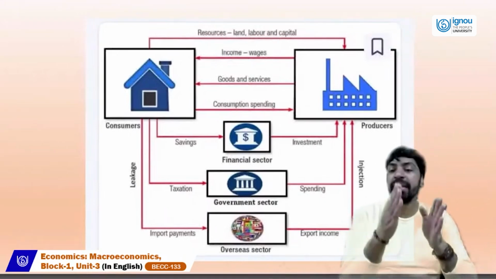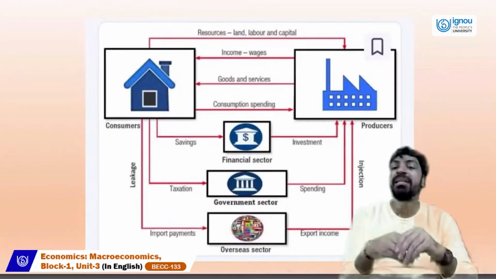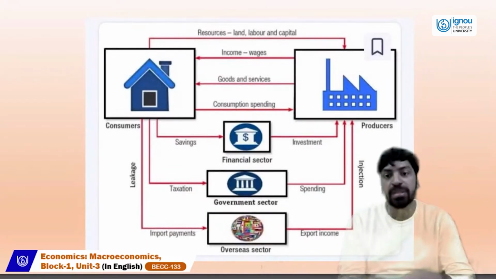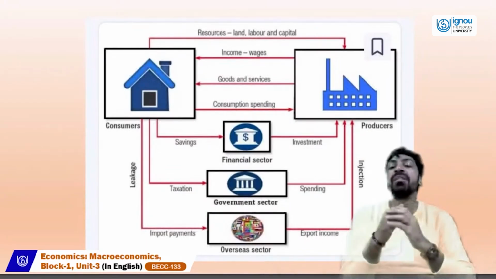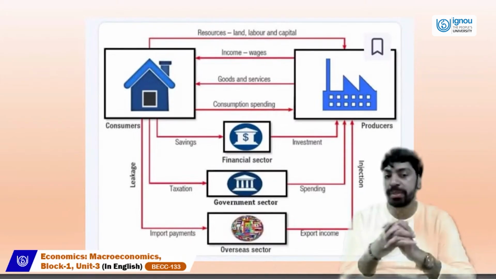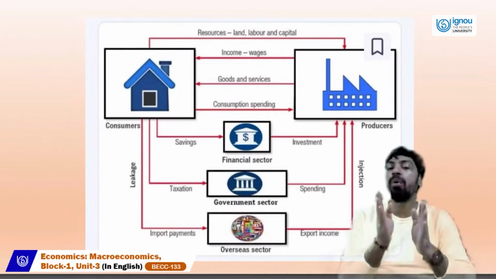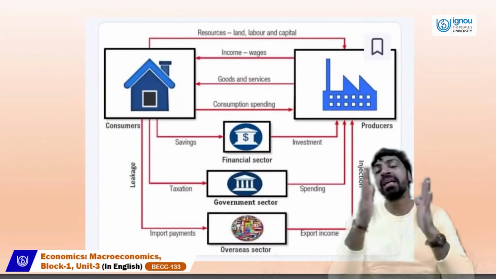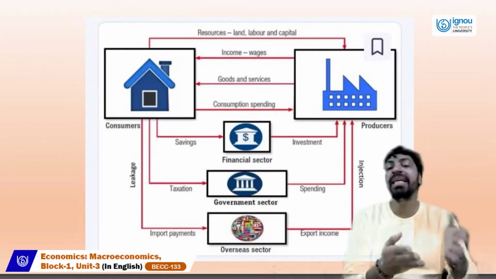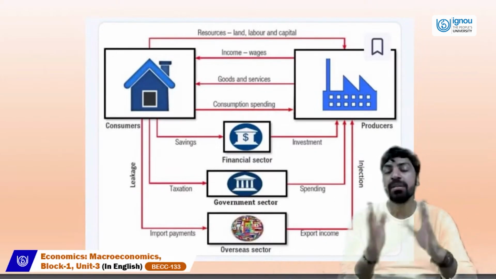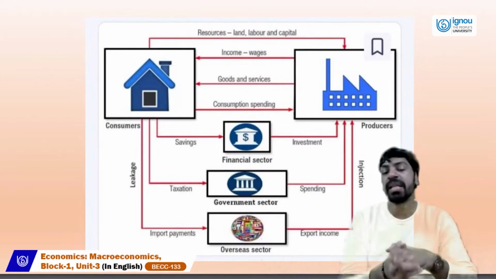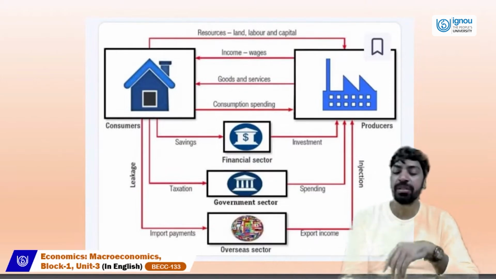Then again, injection means the introduction of flow into organizations in the form of investment, in the form of spending, in the form of exports. So this is how you show the terms leakage and injection in the diagrammatic presentation. So this is all about the conceptual framework of the two terms, leakage and injection.